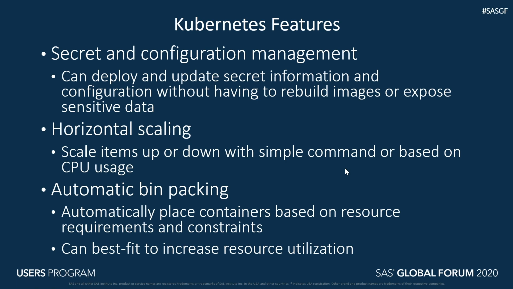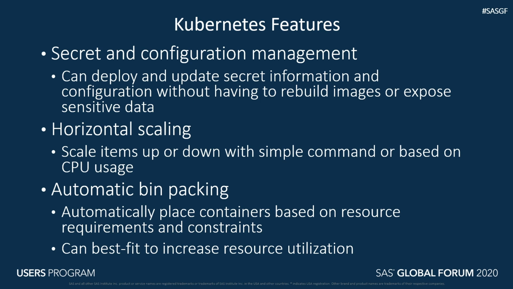It also supports secret and configuration management, that is, being able to hide or obfuscate sensitive information, what we call secrets. Configuration values like environment variables, we can store those as Kubernetes objects so that we don't have to rebuild images or expose things. Treat them as separate objects that can be managed by Kubernetes and define either the secret information or configuration information.